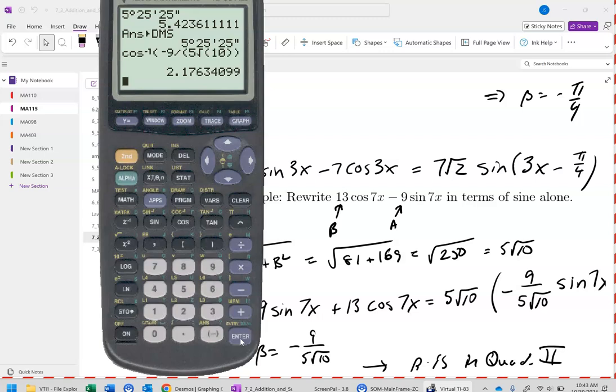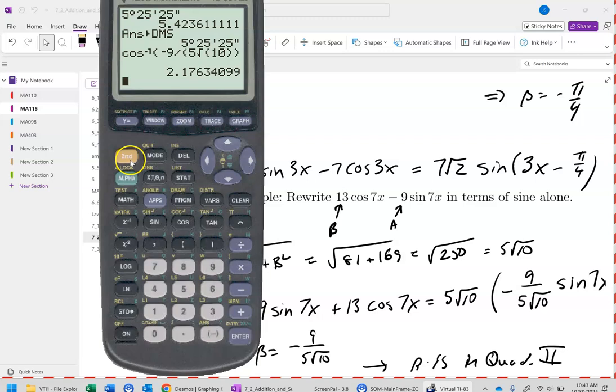We get 2.176 for that one. That one is in quadrant 2. Pi over 2 is about 1.57 because pi is about 3.14. 1.57 is half of that, right? So this is the angle we want.